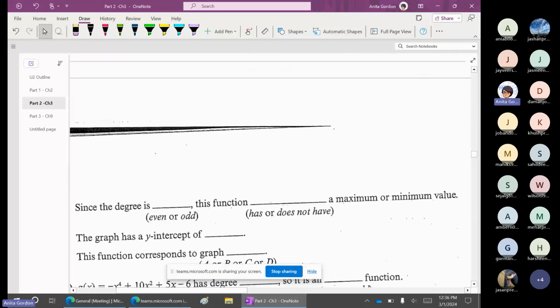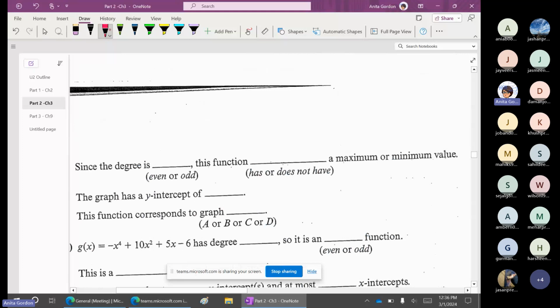Okay, scroll down a little bit here. Since the degree is odd, should this function have a min-max? No. No min or max. How do I find the y-intercept? It's the constant.